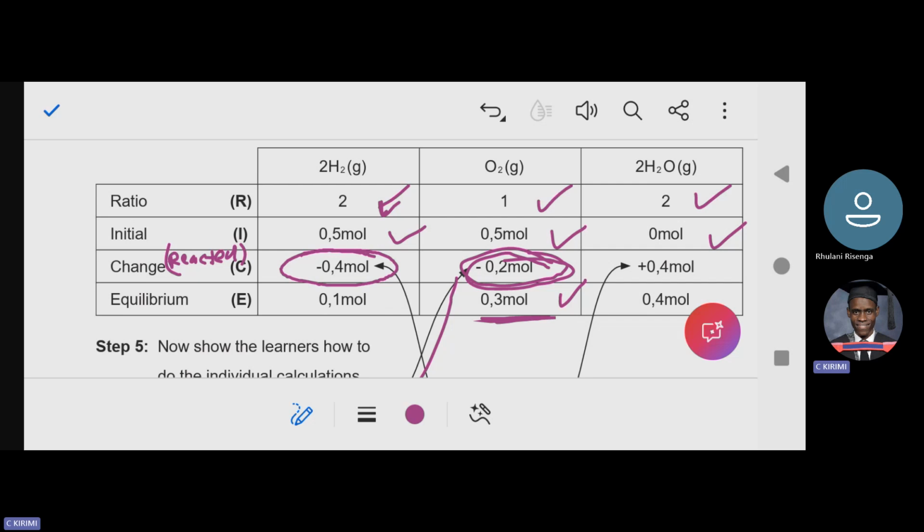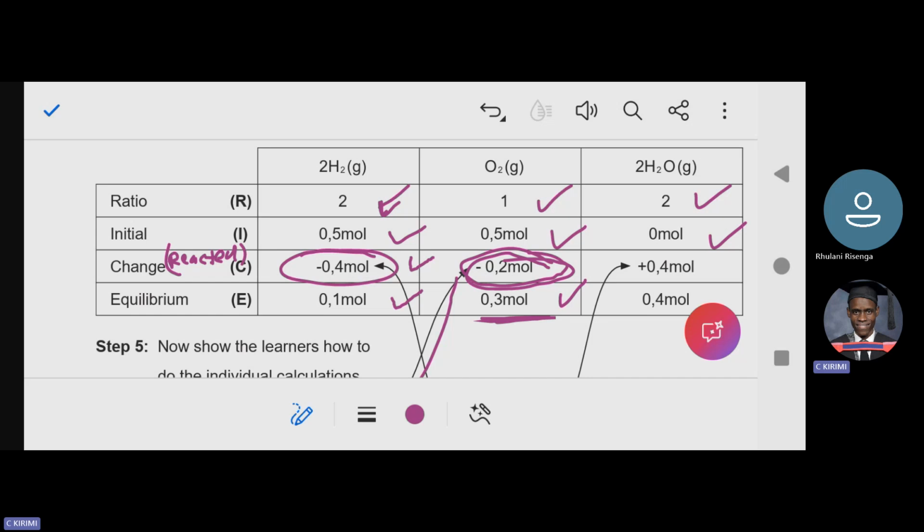You check the reaction is double. So 0.2, then you double, you get 0.4, because it's twice in terms of the coefficients, the number of moles, how they are reacting. Then you get that negative 0.4. So when you subtract, it will be 0.5 moles minus 0.4 moles, and you get 0.1 moles. So you have found this value after you've got the negative 0.4.